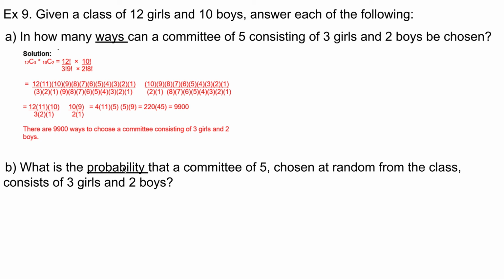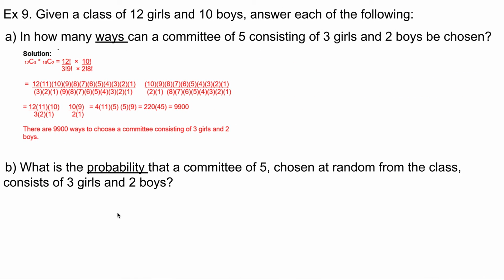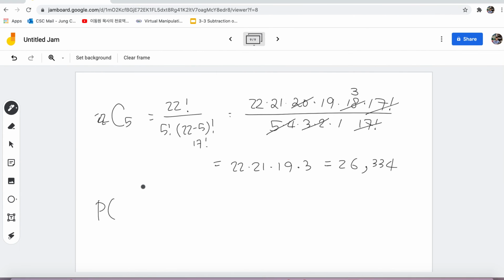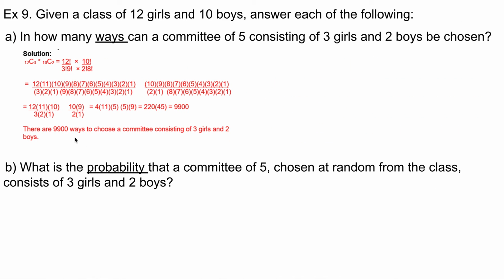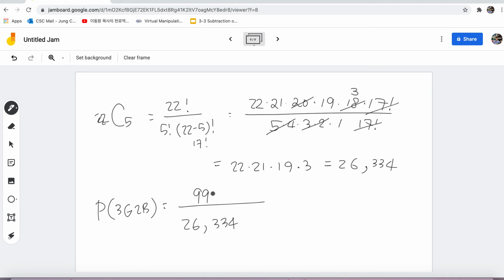To find the probability of getting a committee of 5 with 3 girls and 2 boys, the probability should be something out of 26,334. How many ways can you make the committee with 3 girls and 2 boys? We already calculated it, right? That's 9,900 ways. So that is your numerator.